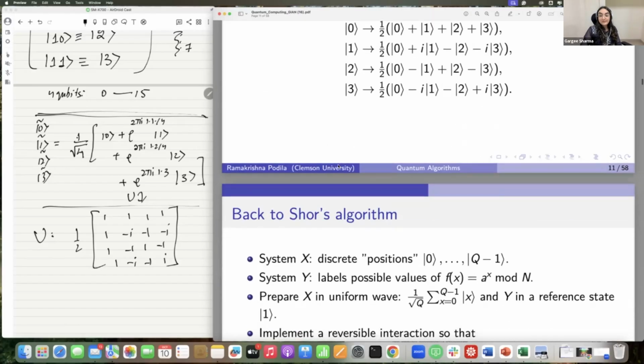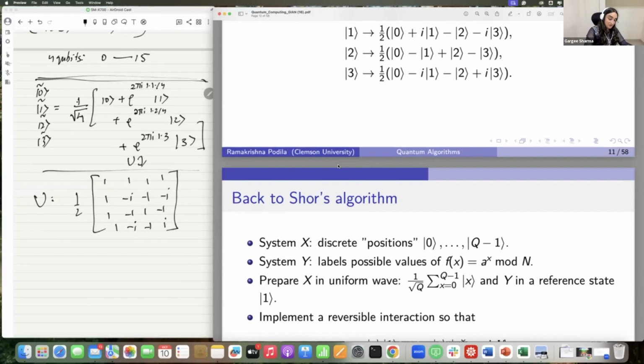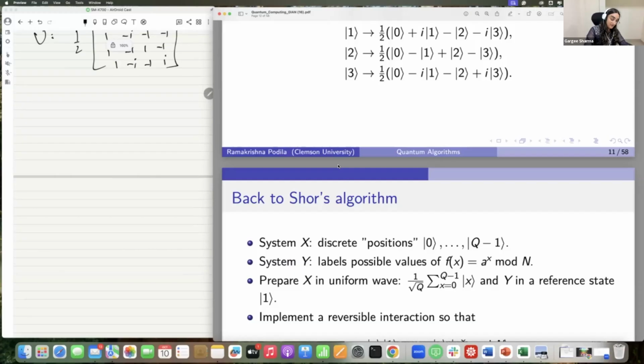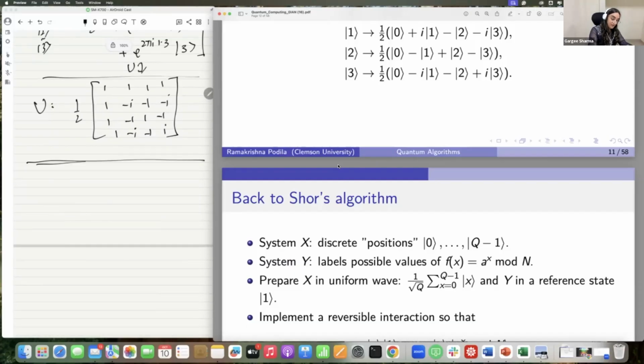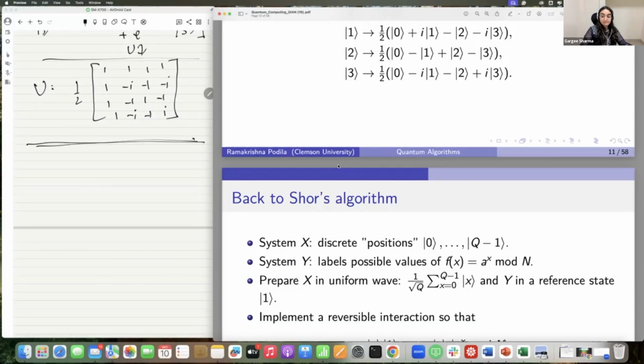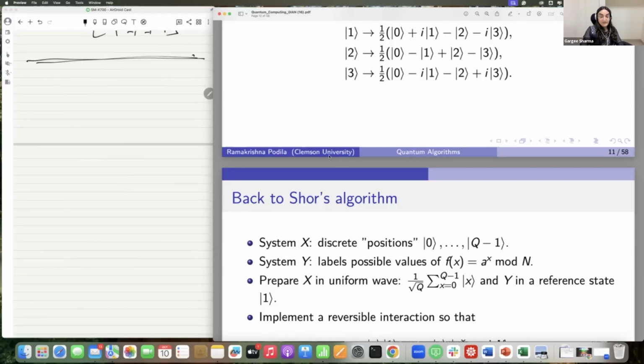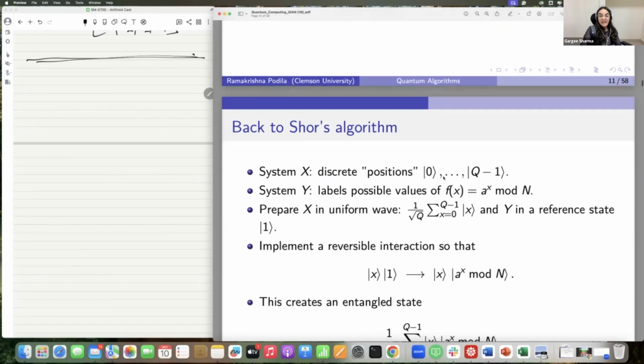Good. So now let's get back to Shor's algorithm. What we have done is seen the quantum Fourier transform.